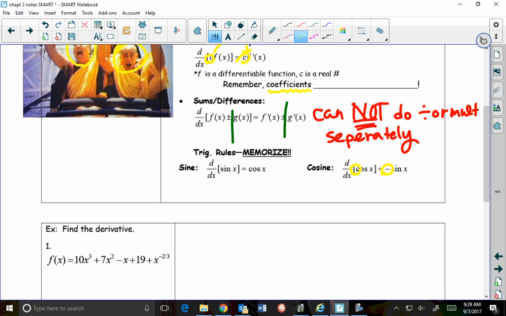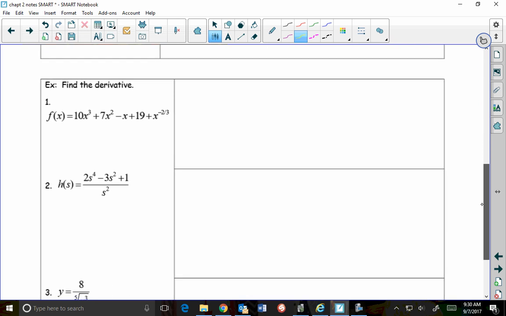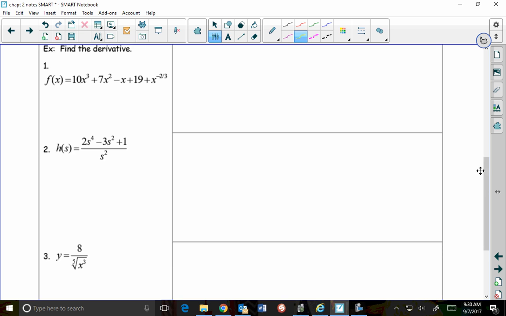Different constant, coefficient. Coefficient. All right.